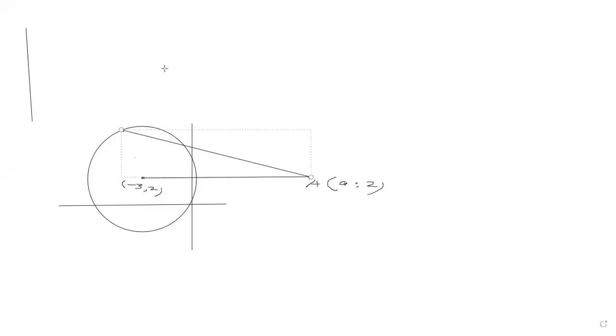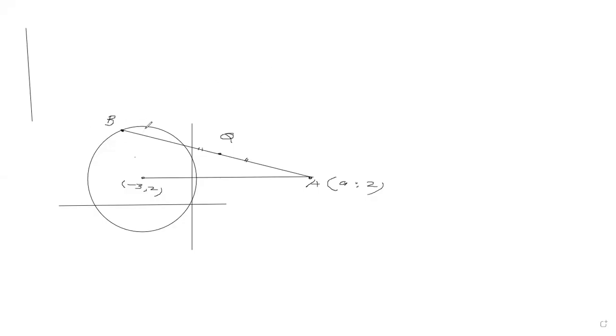We call this point B, and Q is the midpoint. So Q is right in the middle of this. So these are equal. BQ is equal to QA.